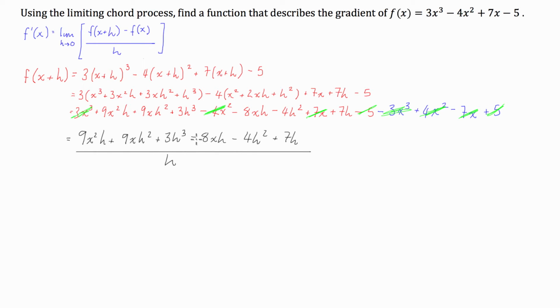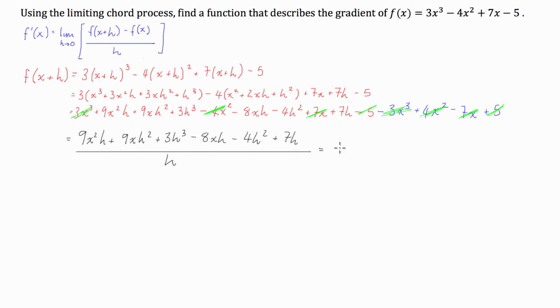Now, if we were going to take the limit of this function as it stands at the moment, what would happen is if h tended to 0, the denominator of this fraction would tend to 0, making the whole fraction tend to infinity or an undefined number. So we're going to use the fact that the numerator has a common factor of h to cancel out an h term with the denominator.